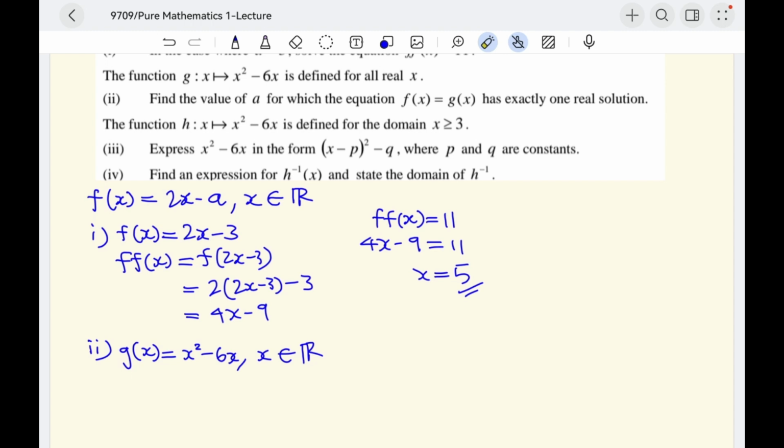You will spot that function g is a quadratic function, meanwhile your function f is a linear function. This question wants you to find the value of a, so it means that the value of a is no longer 3. So your f(x) generally is 2x minus a right now.